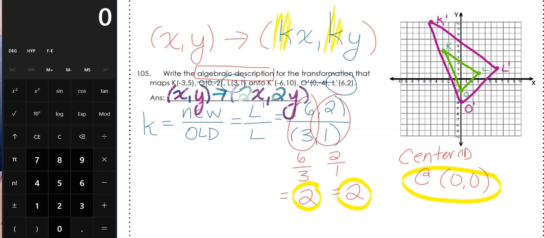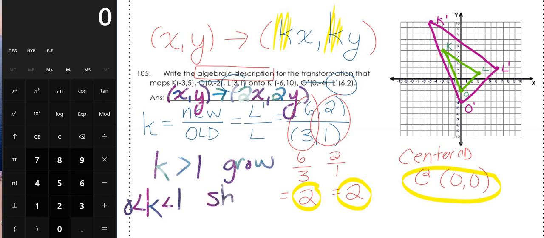If it's larger than 1, it'll grow. So if your k value is larger than 1, it's going to be a grow. If your k value is between 0 and 1, so 0.5, 2/3, something like that, it's going to shrink, and your new figure will be smaller. In this case, our k value was 2, and our diagram clearly shows that our new image is way bigger than our original. Okay, let's move on.